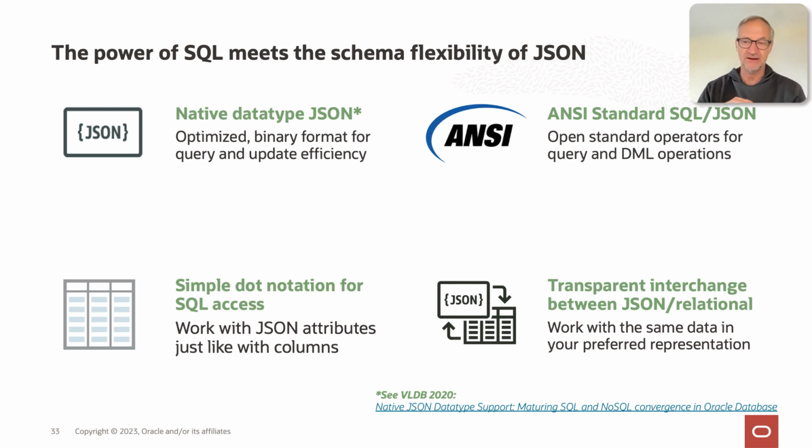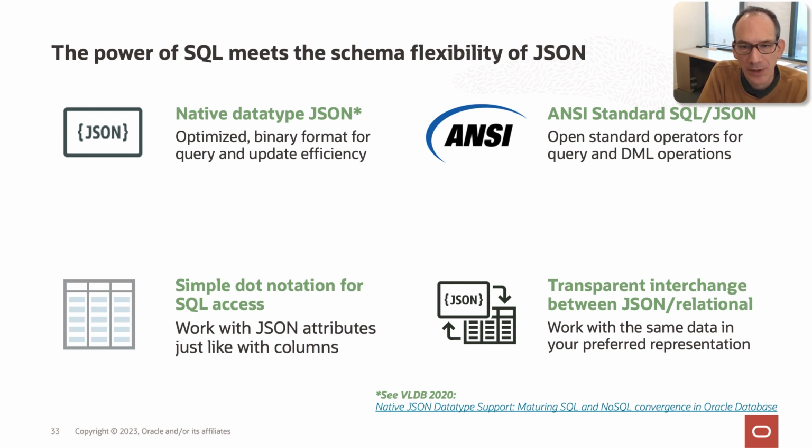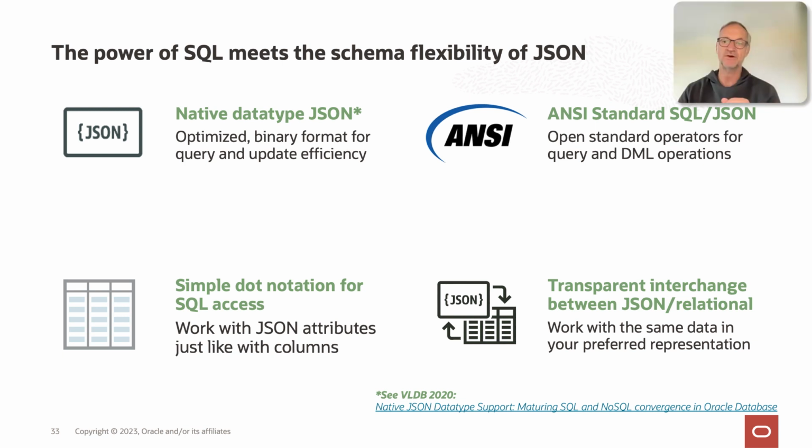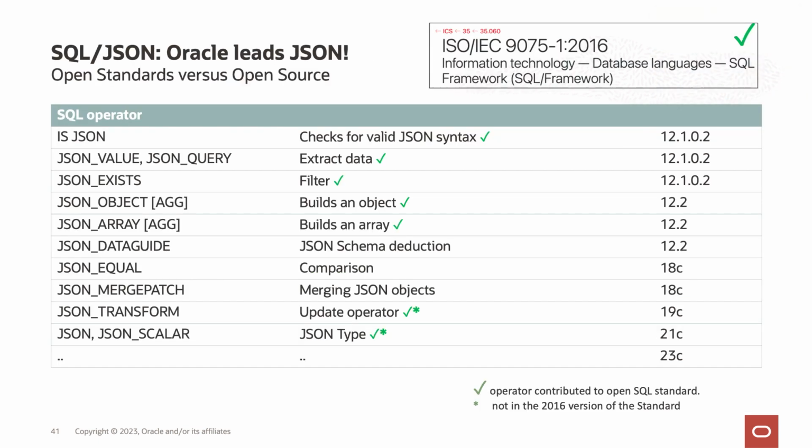We also spent a lot of time, since version 12.1 beta, 12.1.0.2 I think, on the ANSI standard; we started building SQL/JSON operators. Yes, it's 12.1.0.2, but the standard was published after the product was out, basically. So we were driving a lot of the standard, and integrated it in a way that you can transparently interchange between JSON and relational. And just one word here: our philosophy is really open standards.